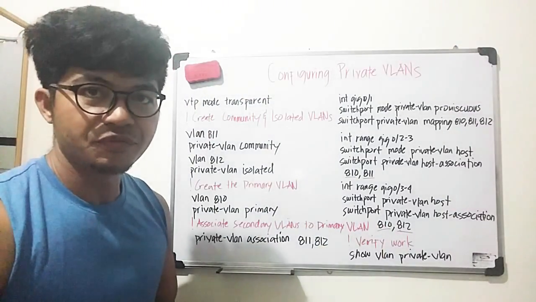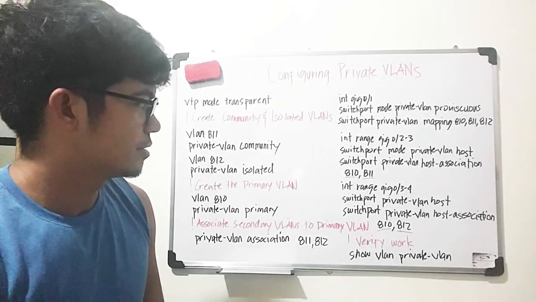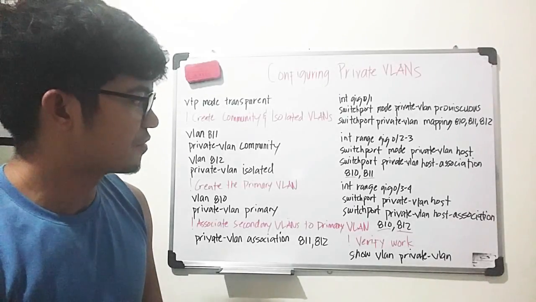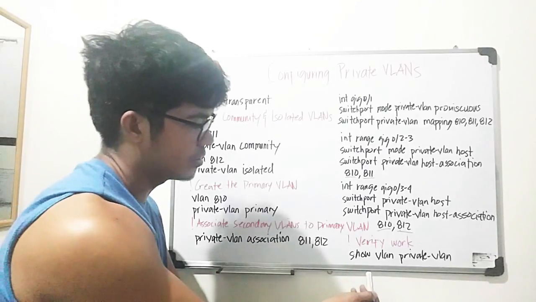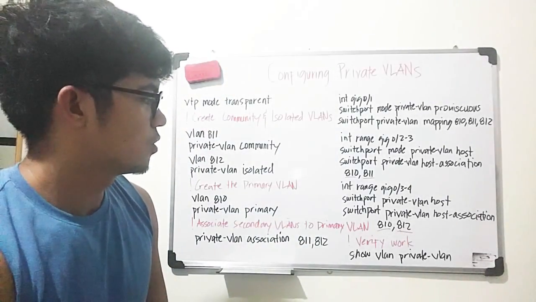And of course, you need to verify that everything is working. So you can use this command right here, show vlan private-vlan.